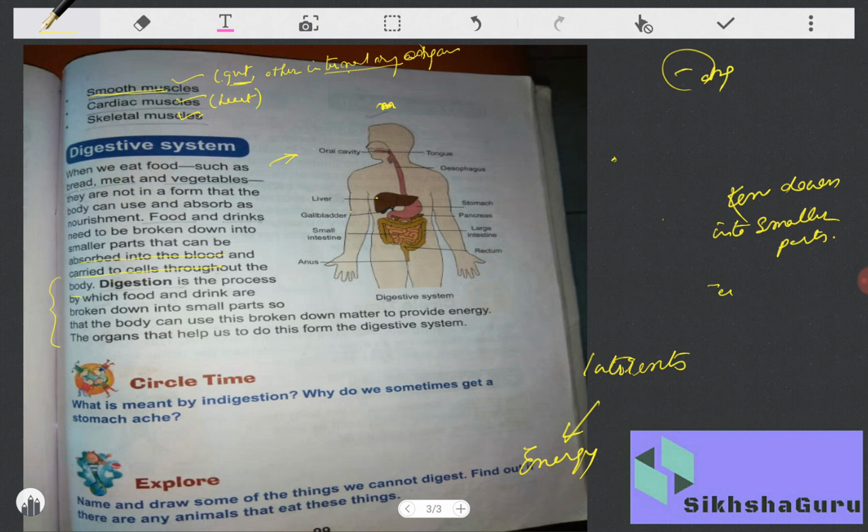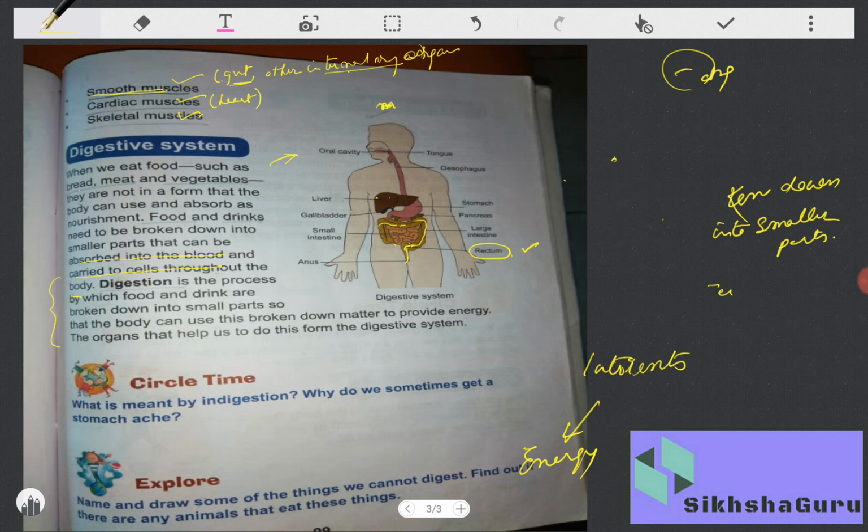From the stomach, it then reaches the small intestine, and then via the large intestine it comes to the rectum, where the undigested food, or the digested food which is not in use, or the roughage, comes through the rectum.